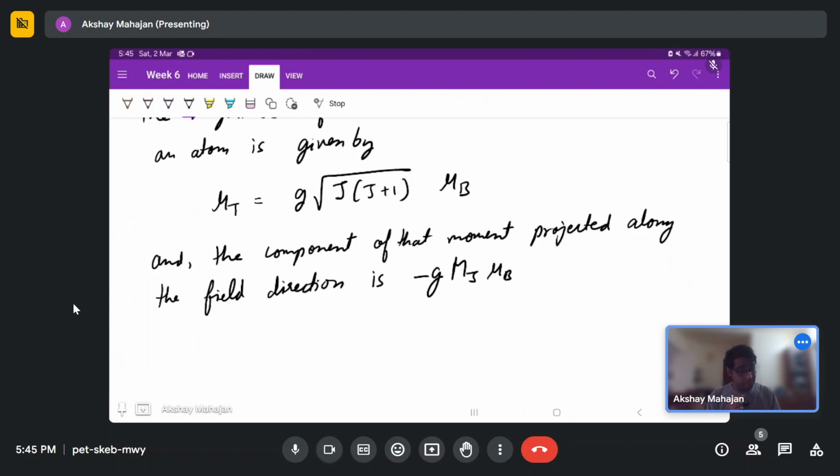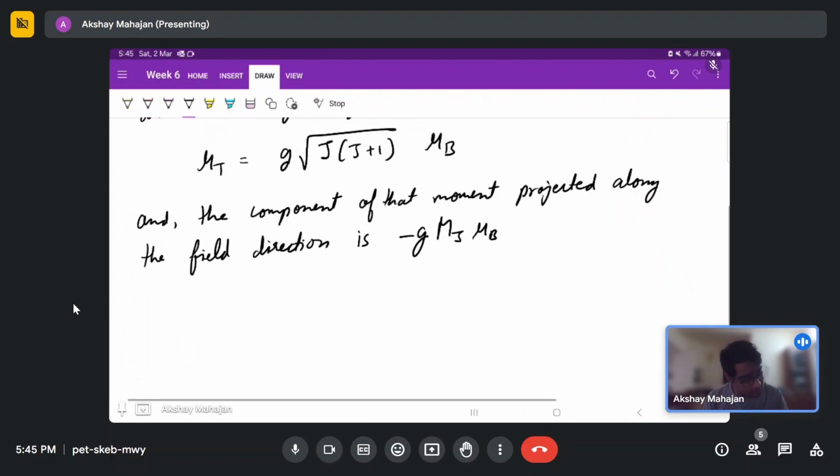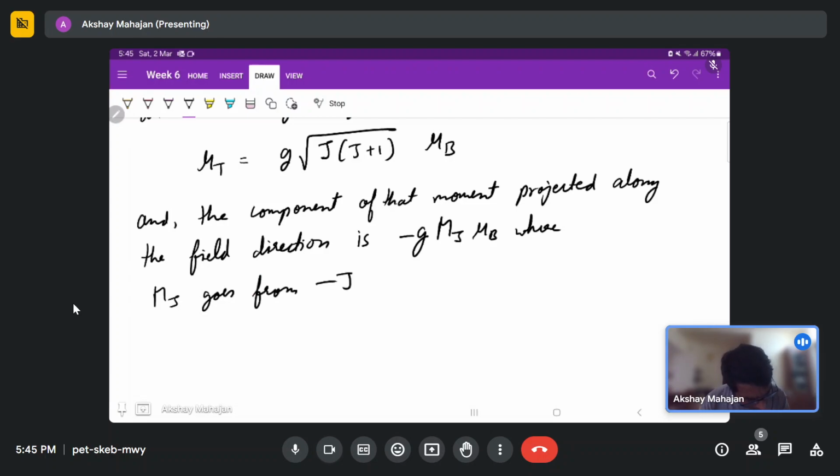So basically ML values, or LZ values, go from minus L to plus L. These capital MJ values go from minus J to plus J. So MJ goes as plus J, J minus 1 and so on, 0, down to minus J plus 1 and minus J. So it goes from plus J to minus J by a difference of an integer.